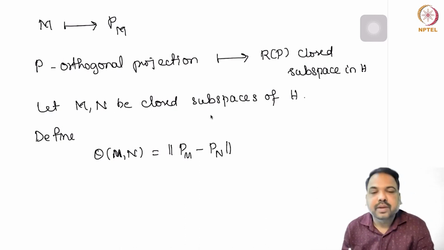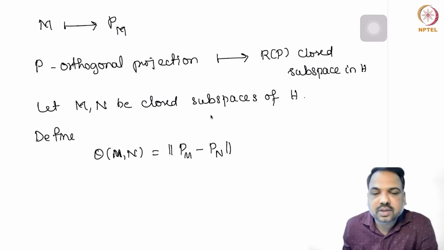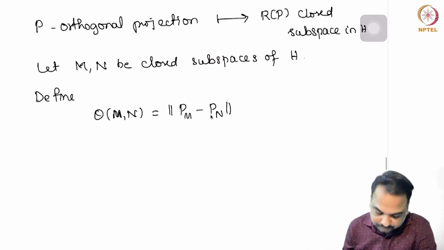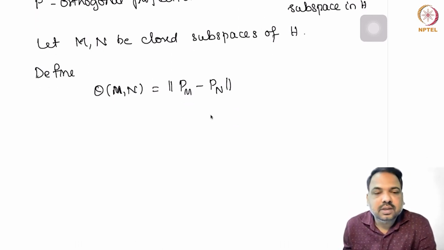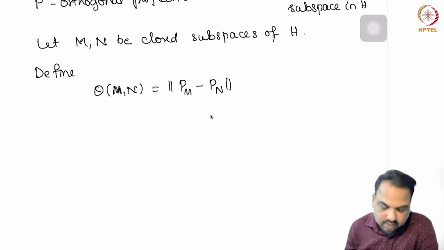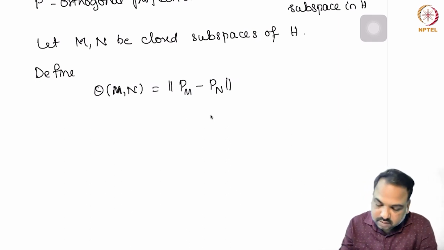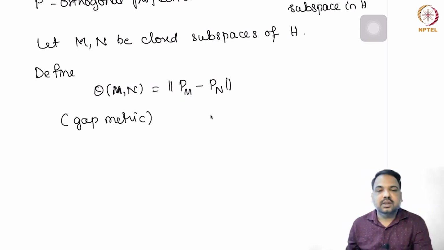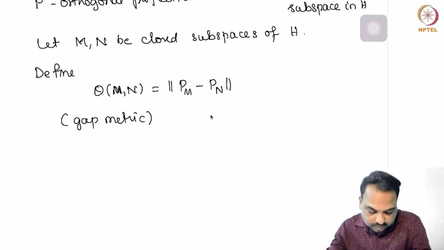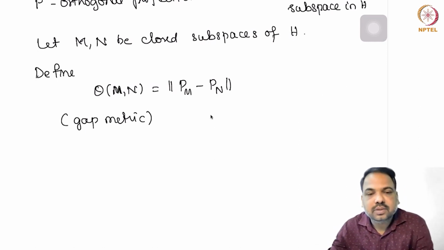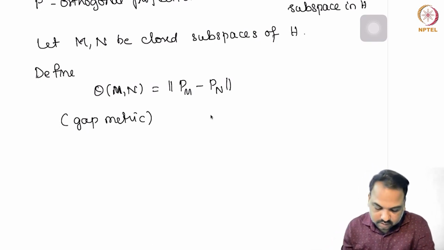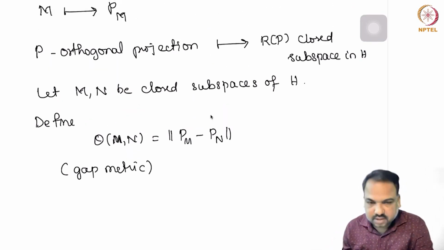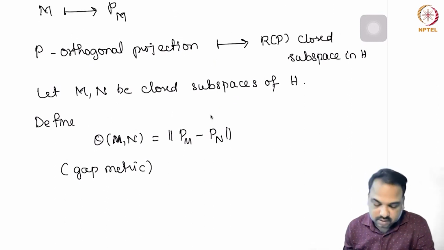As I told earlier, P_M stands for the orthogonal projection onto M, and P_N stands for the orthogonal projection onto N. Now using this we can show that theta is a metric on closed subspaces of H. This metric is known as the gap metric, and using this metric we can discuss distance between two closed subspaces and convergence of subspaces to another subspace. So we can discuss operators through subspaces and subspaces through operators.